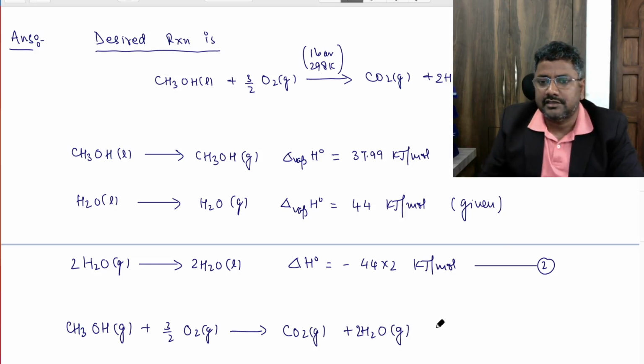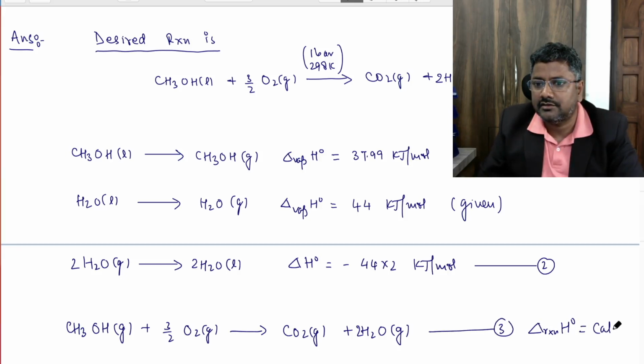I am writing this as equation 3, and delta H for this reaction we can calculate by using bond energy data.